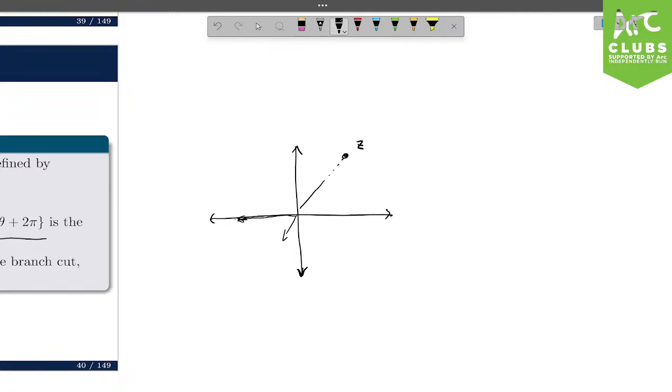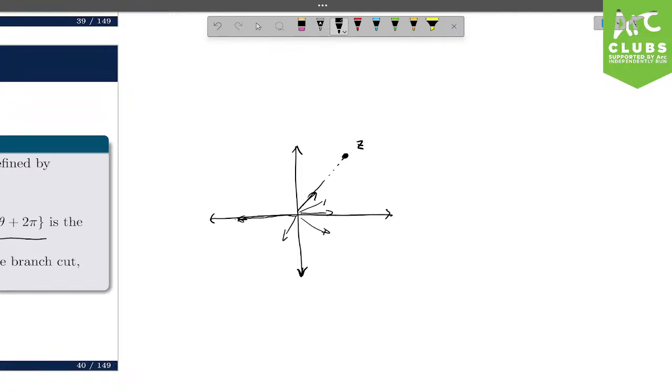So keep on rotating. At this point, you get some slightly larger angle. At this point, some slightly larger one. At this point, you have an angle of 0, and you keep rotating until you're looking at z, right?